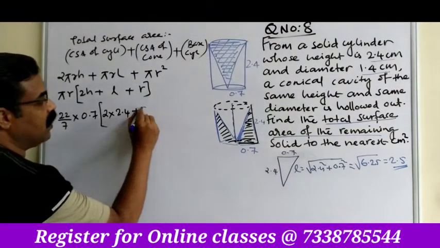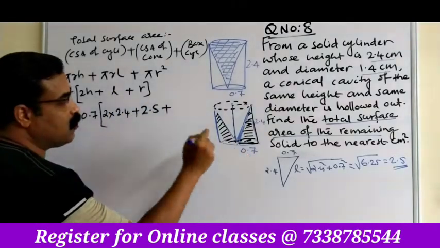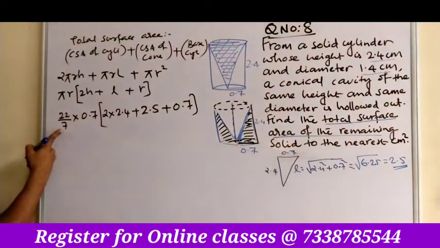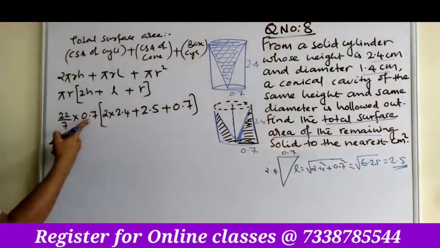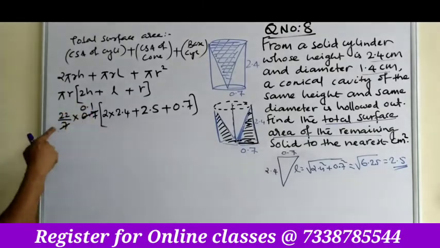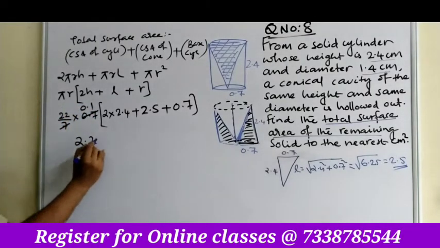Plus r, and r again is 0.7. So now let us add it. 7 here, 0.7 here, I can cut it and make it 0.1. So 22 into 0.1 will become 2.2.